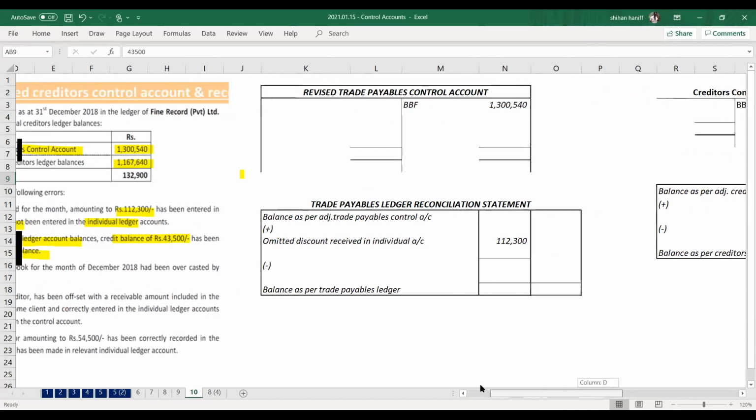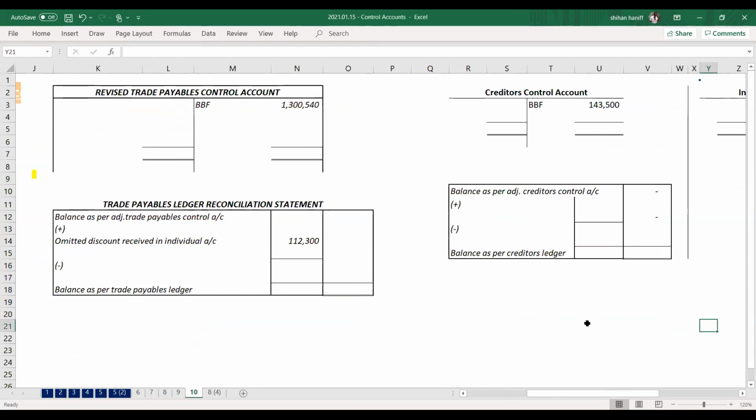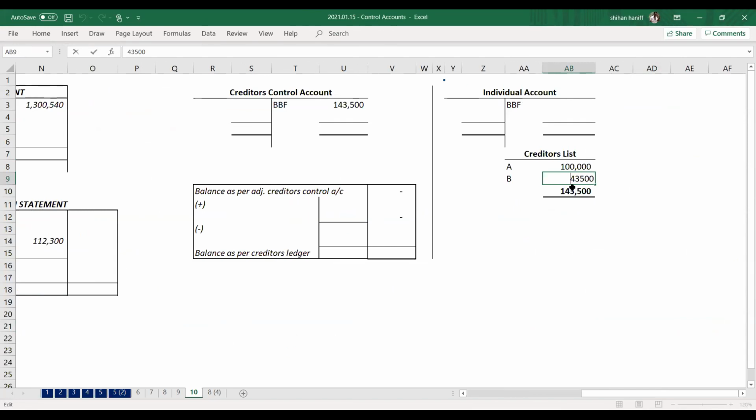Let's read the question again. When extracting the individual account balances, credit balance 43,500 has been incorrectly treated as a debit balance. So this 43,500 credit balance treated as a debit, minus.